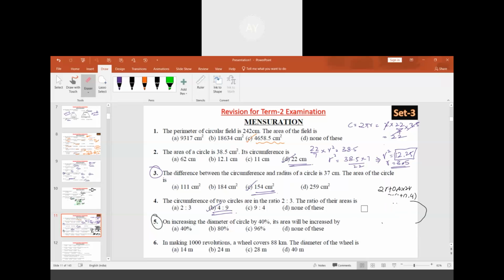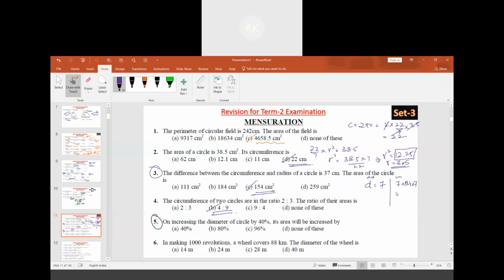Suppose if I follow your method, if I take diameter to be 7 centimeter, now 40% increase. This is the actual. Now this is increased: 7 added to 0.4 into 7.